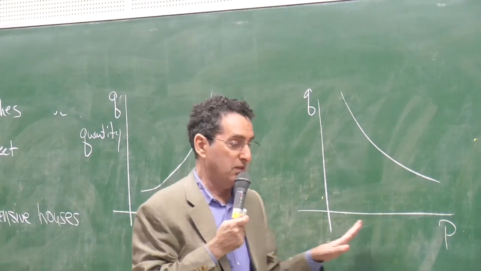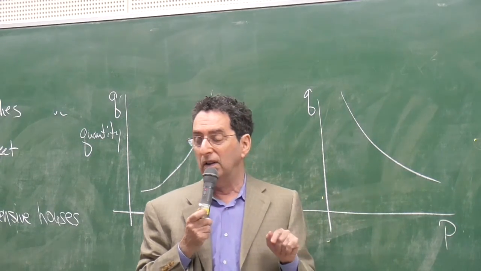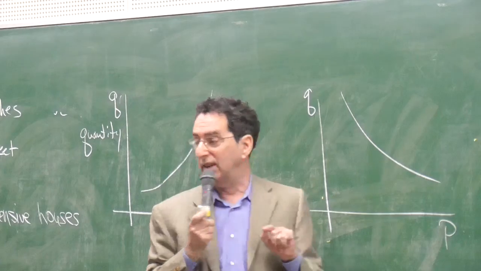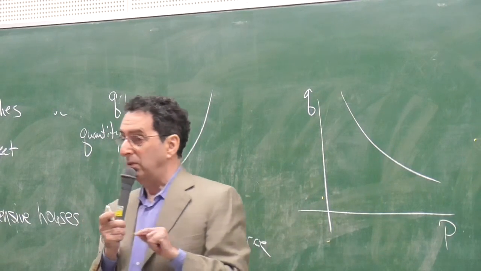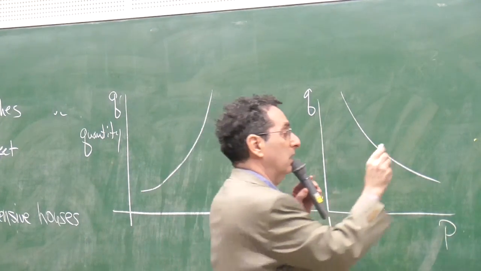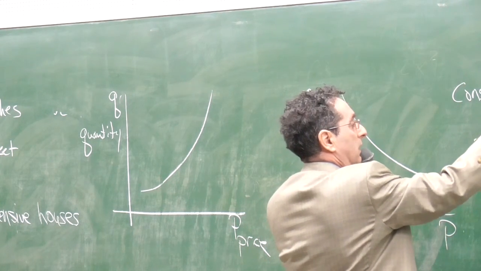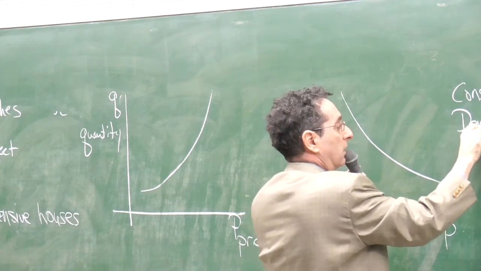So the higher the price goes, the fewer customers are available. So this represents the consumers, and that's called the demand curve.